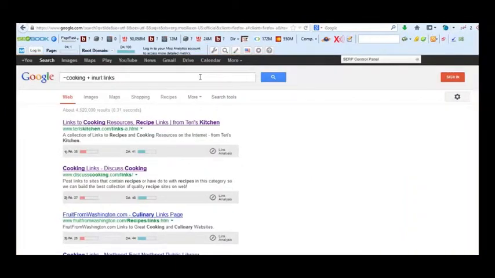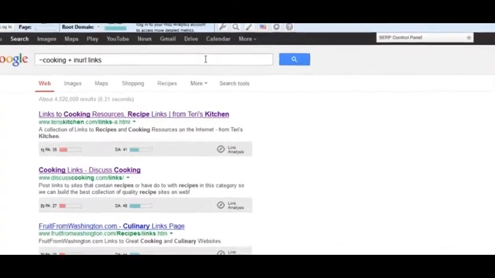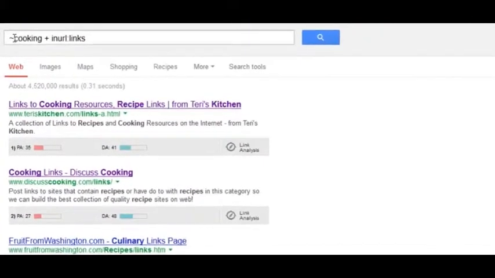Now, if you're somehow short of results, if you're maybe a strange niche that doesn't have a lot of resource pages, here's a trick to find many, many more resource pages that you wouldn't be able to find. You want to put this little tilde in front of the keyword and use the same search strings that you used before, either helpful resources or inurl:links.